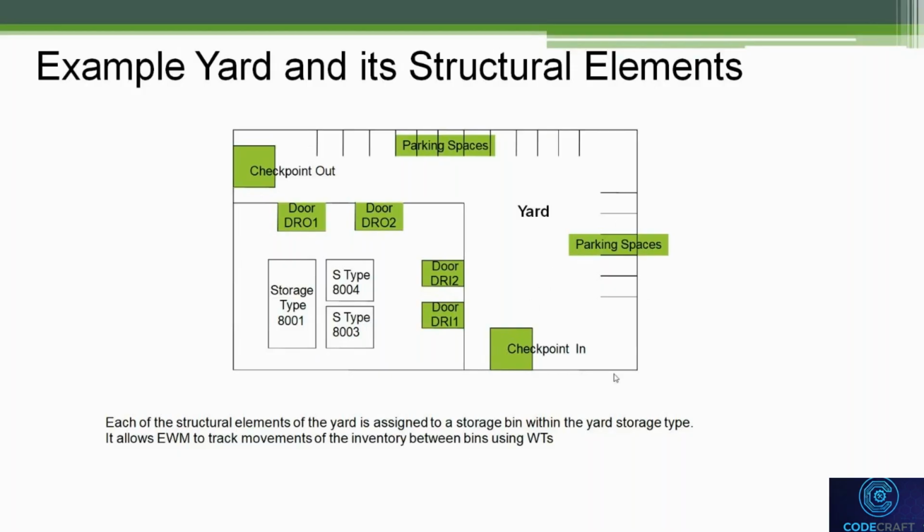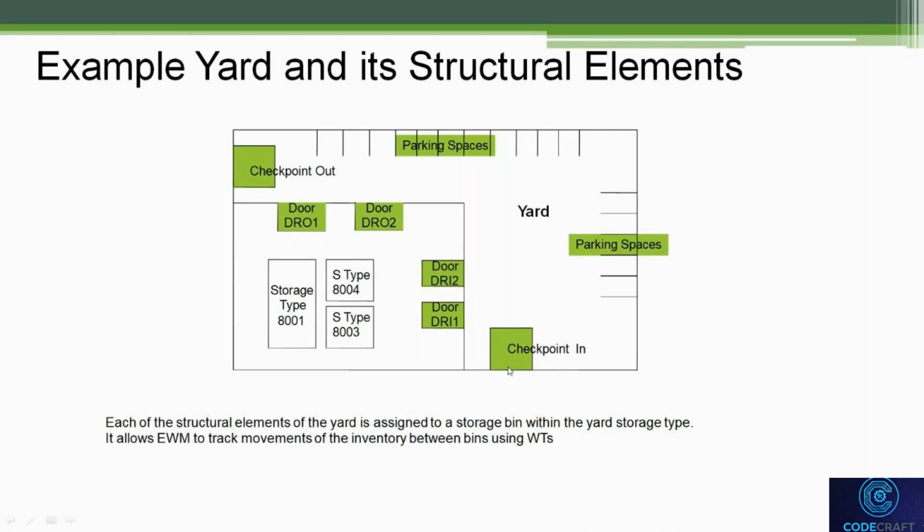So yard comprises a checkpoint. Generally there are two checkpoints, one from where the vehicles are coming in, the other from where the vehicles are going out. Then we have parking spaces. Let's say a truck comes and it's checked in. So for our warehouse we would now create a truck, and then that truck will check in at the gate.